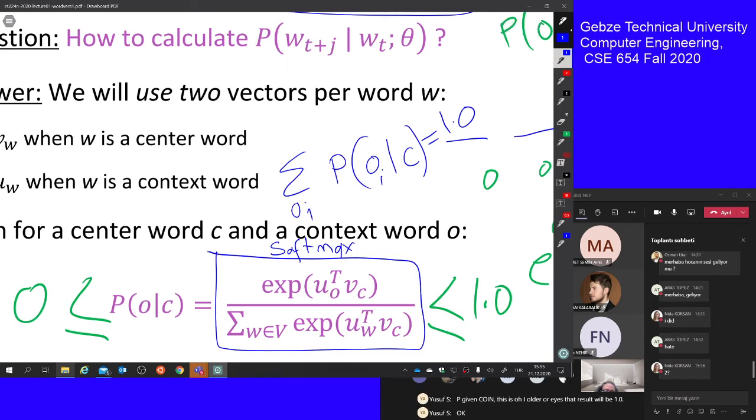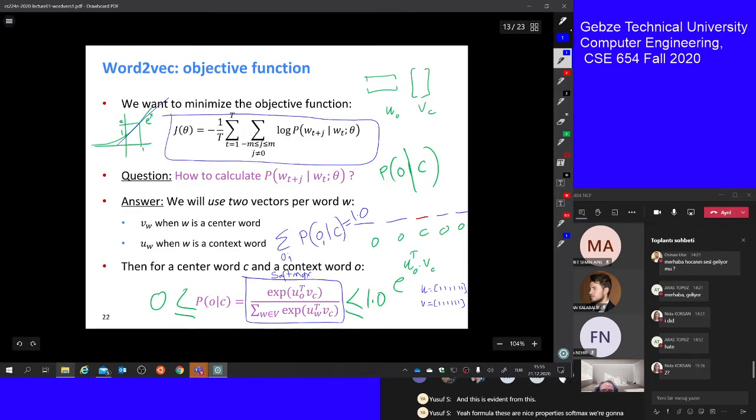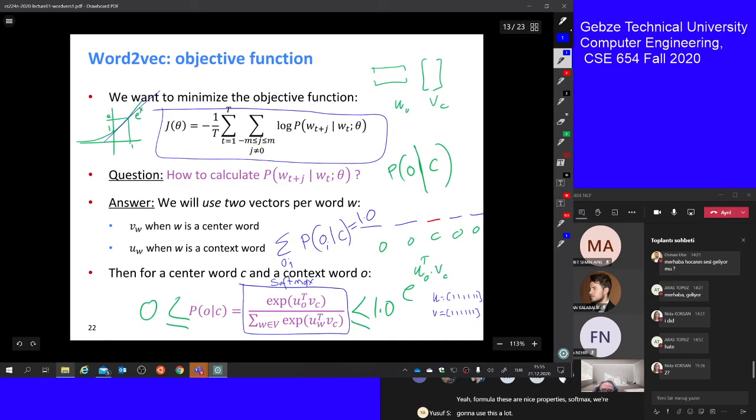This is evident from this formula. These are nice properties. Softmax, we are going to use this a lot in the deep learning world.